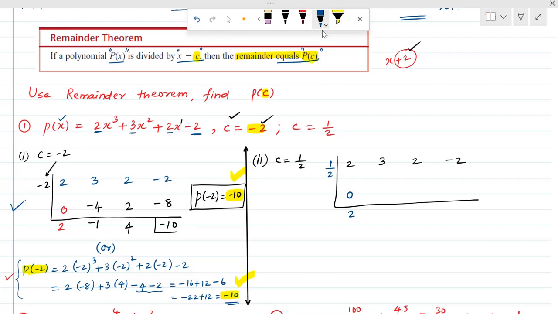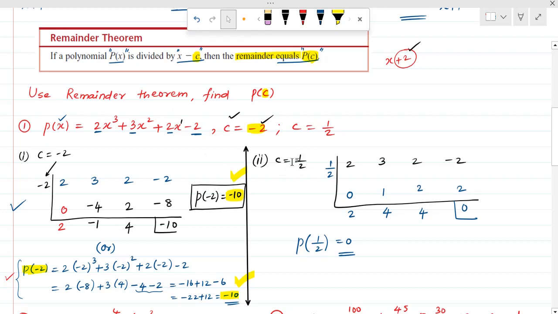Multiply with this one, it is 2 to get cancel 1. Add it, 4. Multiply, it becomes 2. Again it is 4. Multiply, it becomes plus 2. And the final value will be 0. Now I will say P of half is equal to 0. The remainder is 0 when you substitute the half.